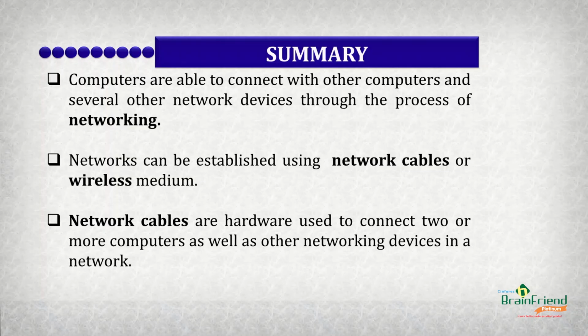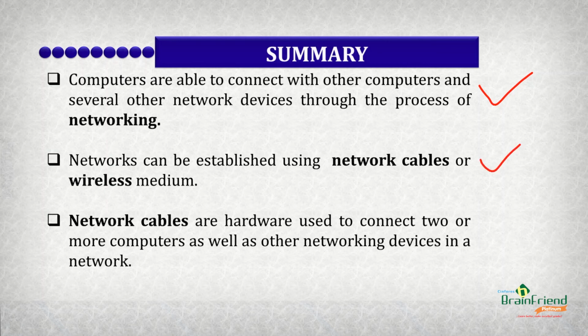And with this, we've come to the end of this lesson. But before we leave, let's have a quick summary. First, we learned that computers are able to connect with other computers and several other network devices through the process of networking. Next, we learned that networks can be established using network cables or wireless medium.